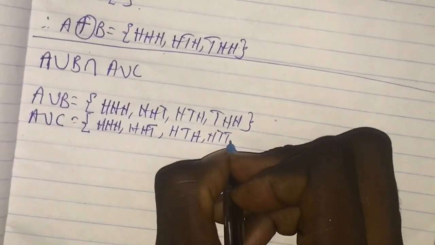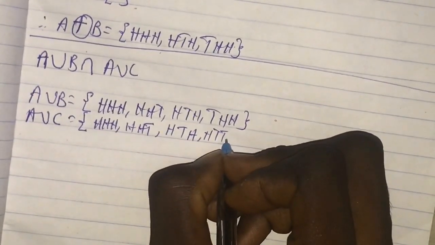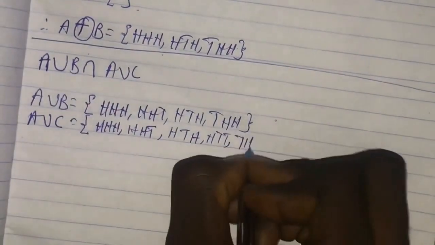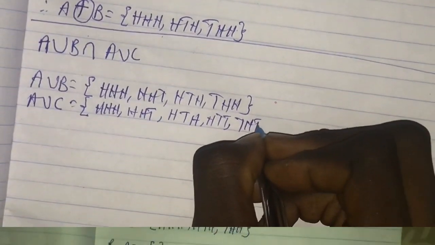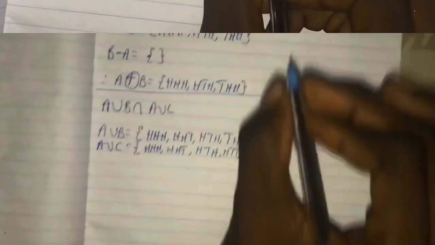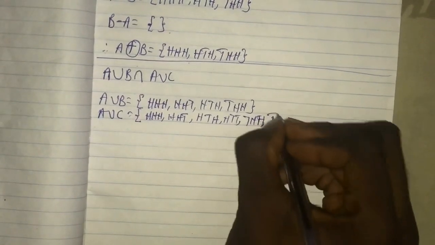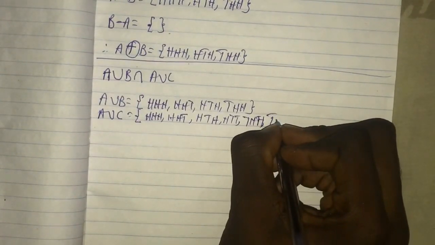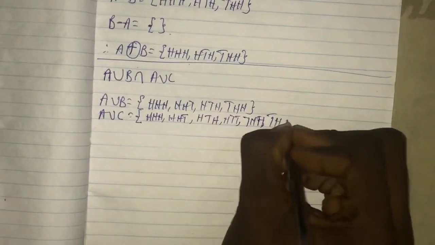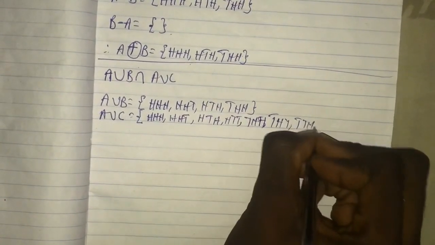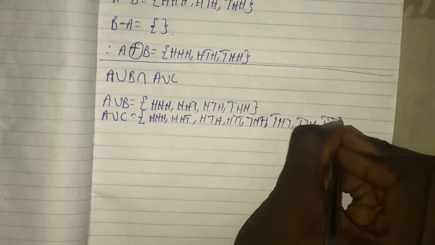after HTT, we have THH, THT, TTH, and TTT.